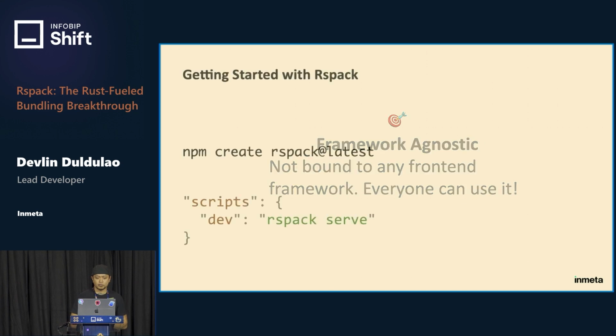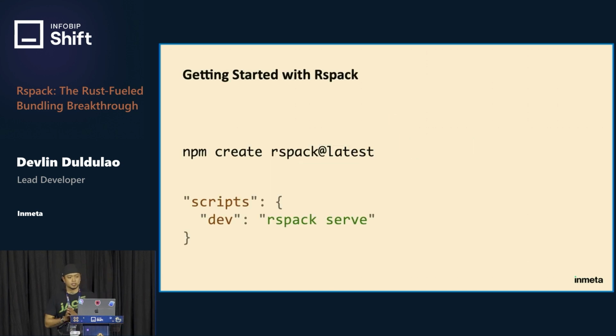So how do you get started with Rspack? npm create rspack@latest to get the latest version. And you will see in the package.json, you have this script, dev: rspack serve. So it will just run your React application.